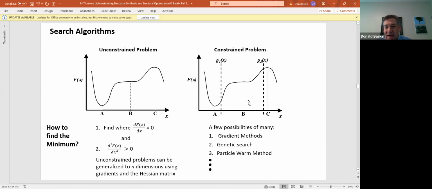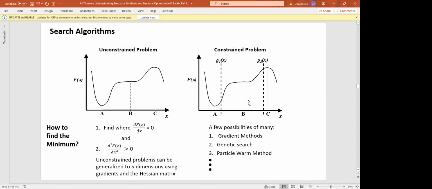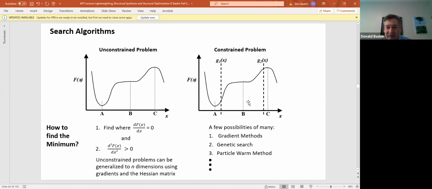Then you take the second derivative at all those places, and you determine if that second derivative is positive or negative. If the second derivative is positive, then you are at a minimum. If it was negative, then you were at a maximum.